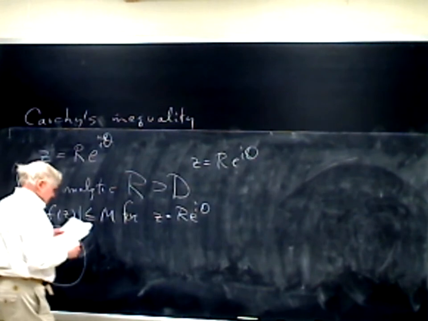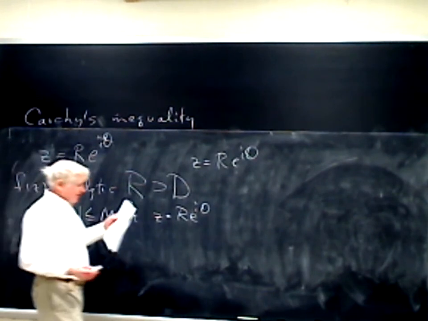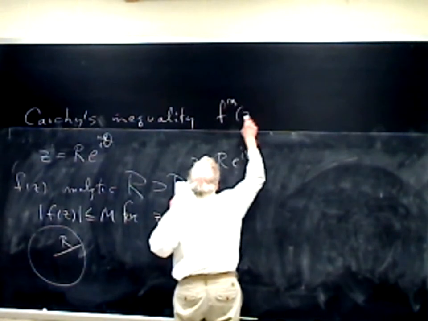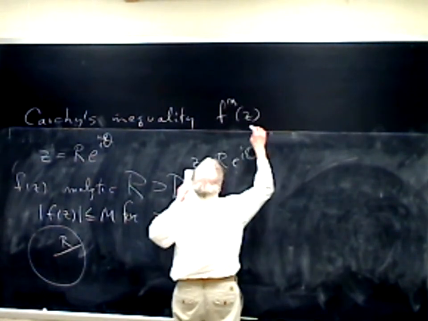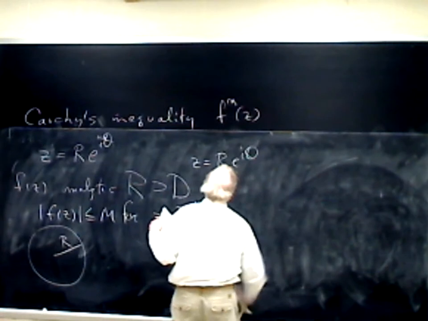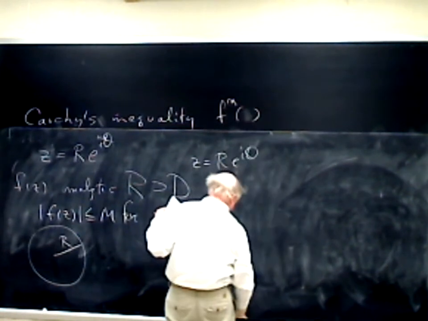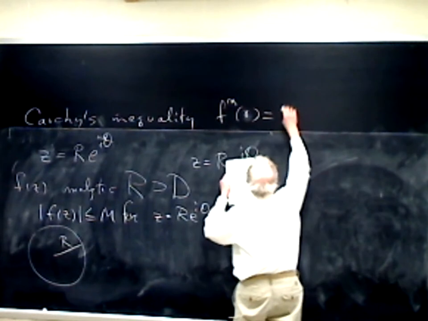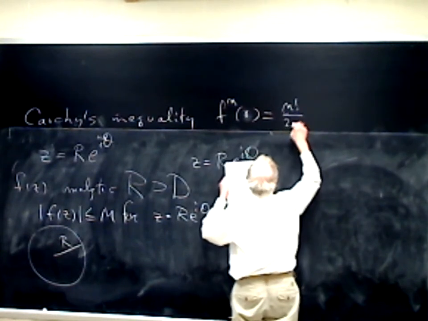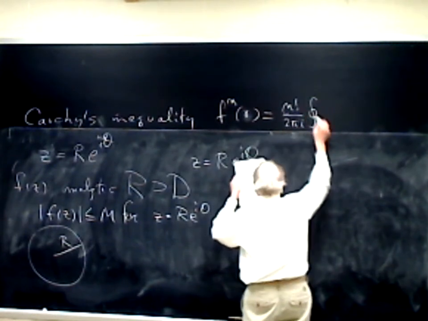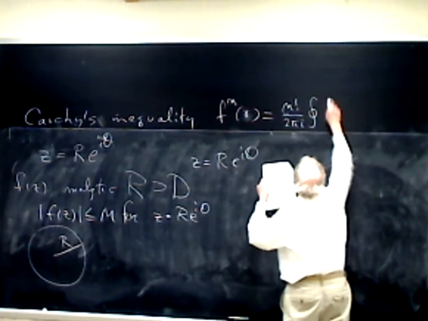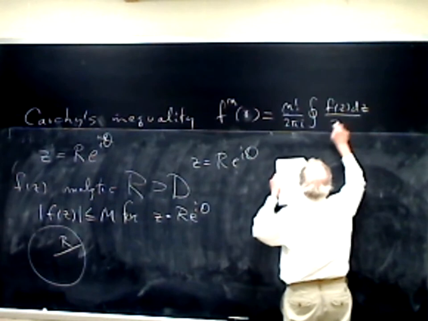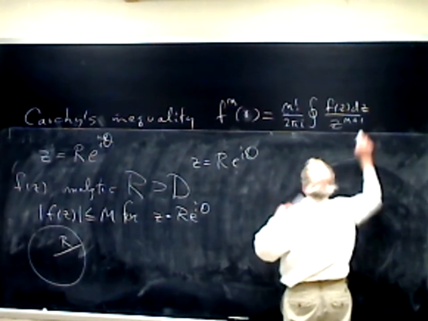Okay, by using Cauchy's integral formula, the nth derivative of f at 0, the center of the circle, is equal to n factorial over 2 pi i times an integral around the circle of f of z dz over z to the n plus 1.